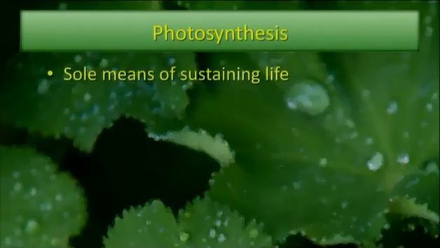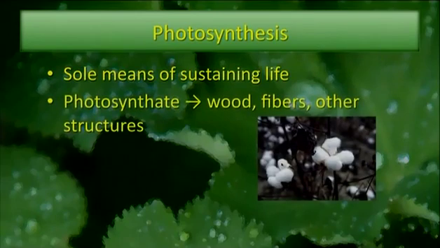Now, photosynthesis is the sole means of sustaining life. Every cell needs energy to stay alive, and more energy is needed when the cell or the organism needs to do reproduction, growth, or some kind of physical work. The photosynthate, the product of photosynthesis, is used by the plant to make wood, fibers, or other structures.